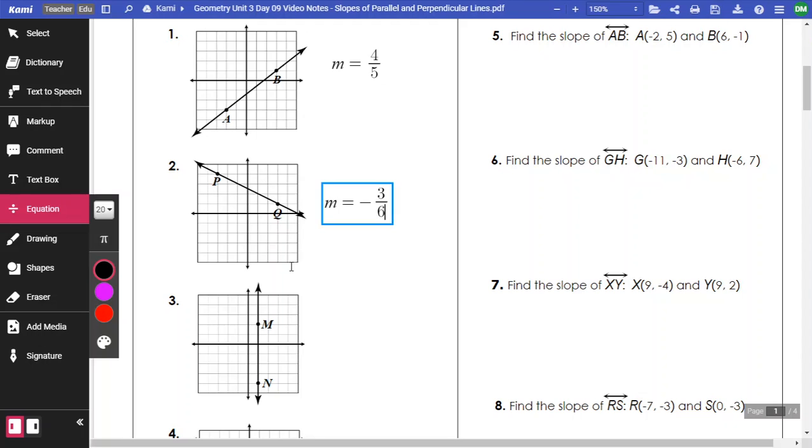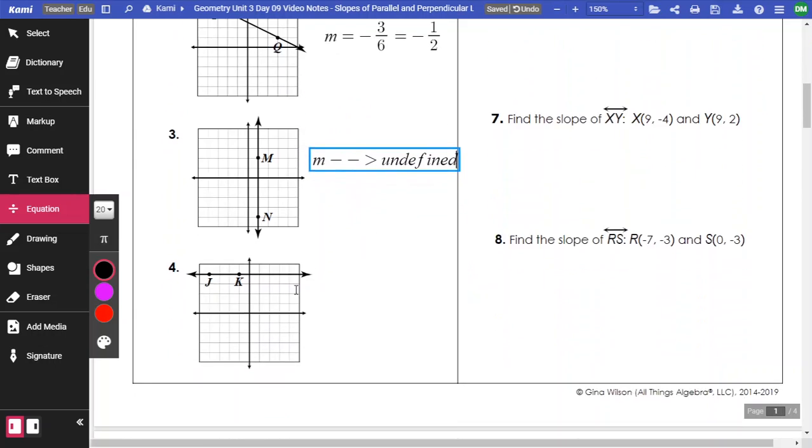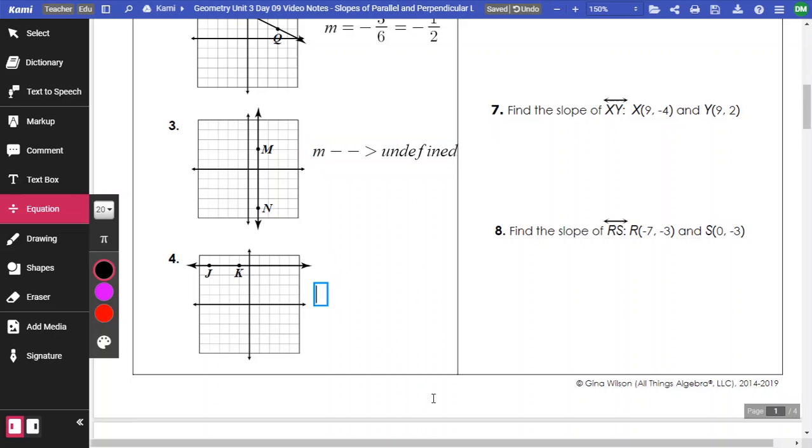And we can obviously reduce that to negative 1/2. Okay, we don't even have to count on this one. This is a vertical line, so M is undefined. And then finally, this is a horizontal line, so M equals 0.